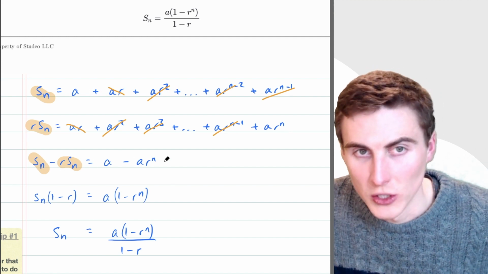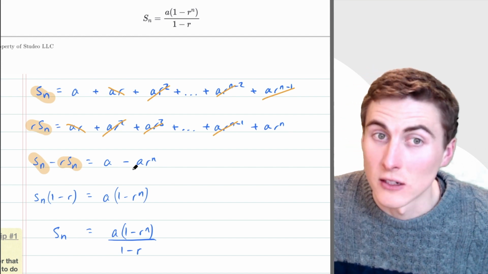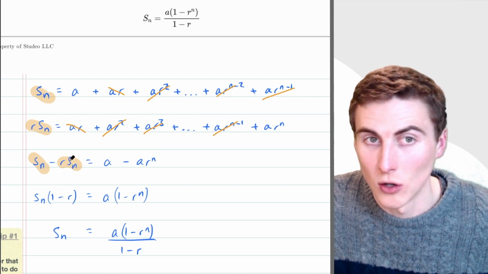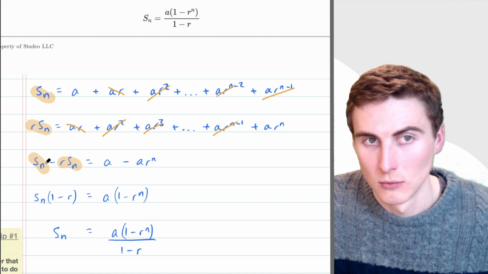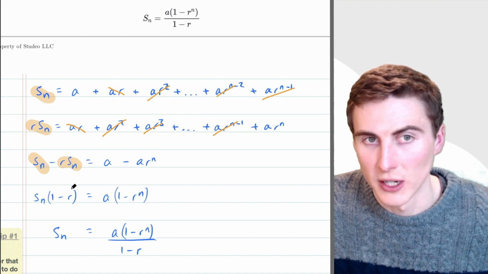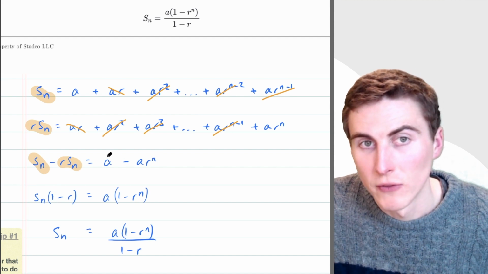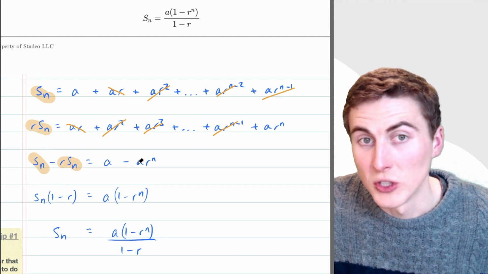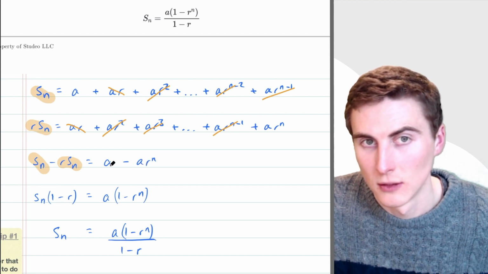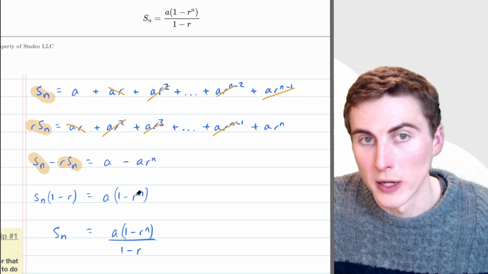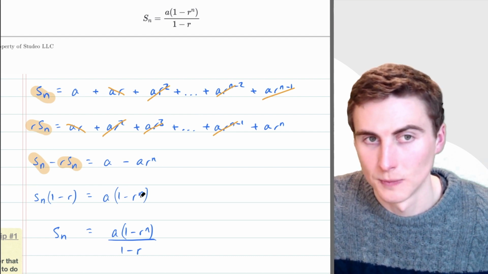So now we've got this equation, and then we can factorize them both. From this one, take out the common factor of Sn. So we've got 1 minus r in the bracket. This is just this here factorized. And then for this one here, we just take out the common factor of a. That gives an a on the outside and a 1 minus r to the power of n on the inside.